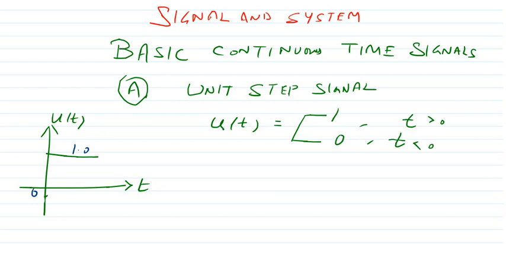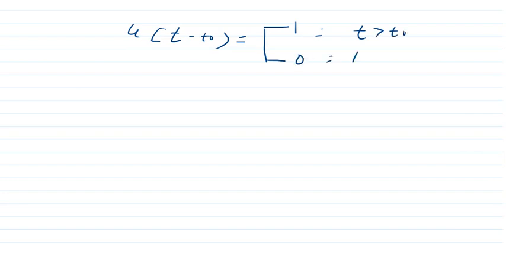it is 0. Now we have a shifted version of the unit step signal, like u(t minus t naught). So what exactly is u(t minus t naught)? It is 1 for t greater than t naught and it is 0 for t less than t naught.